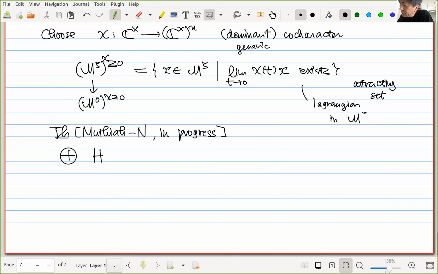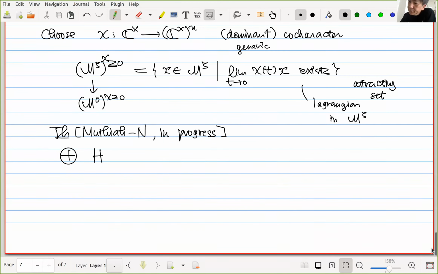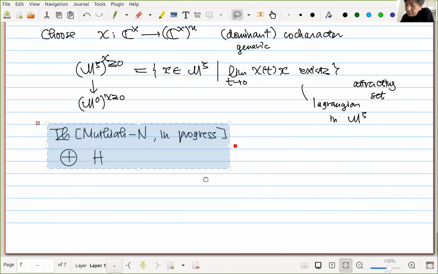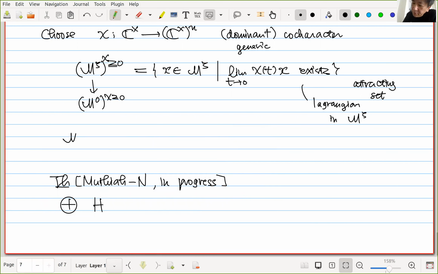In M zeta, you have a Hamiltonian group action, and maybe I should mention that if you consider the fixed points of the torus, since I take a generic cocharacter, this is the same as the fixed points with respect to chi of C star.